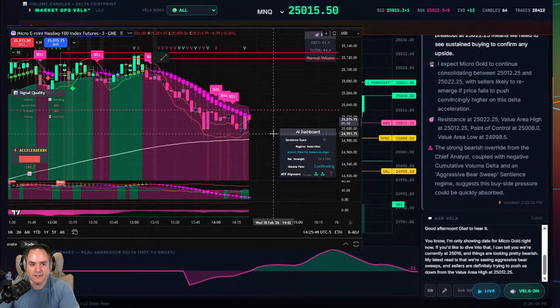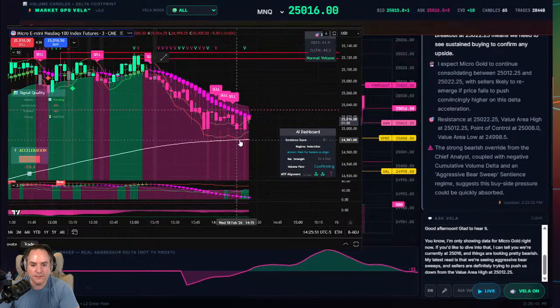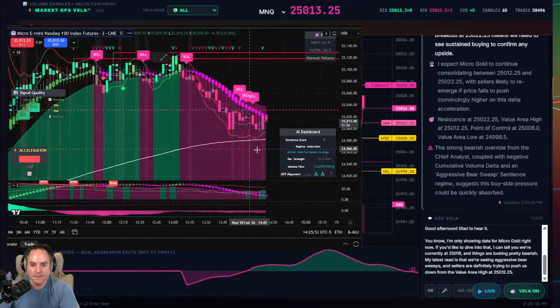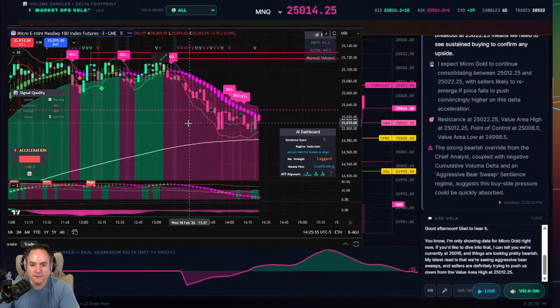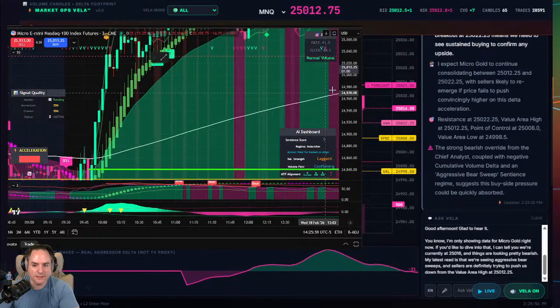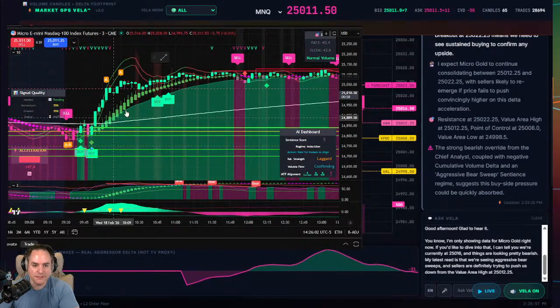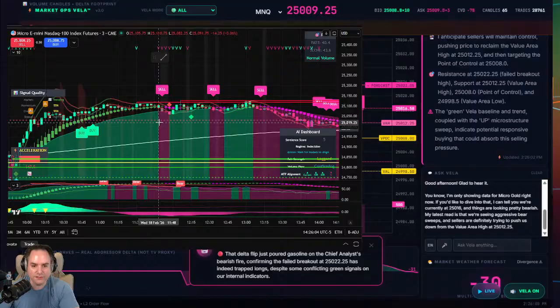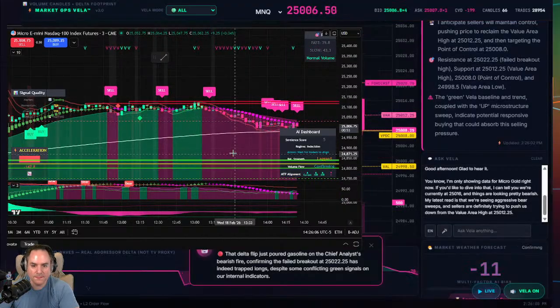So we see the Nasdaq bounced on the 200 moving average after this run down. It had a big run up this morning and just consolidated the rest of the afternoon.